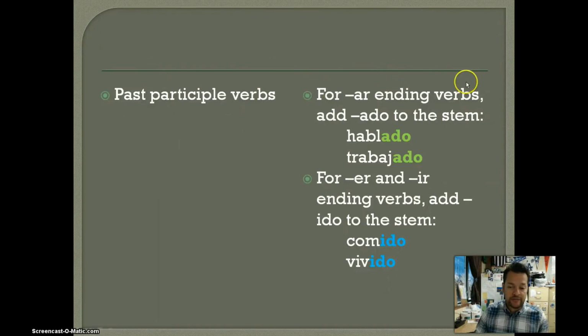For AR ending verbs, if you take a verb like hablar, you take out the AR and add ADO at the end: hablado, trabajado, manejado, caminado, etc. For ER and IR ending verbs, you take out the ER or IR and add IDO to the stem: comido, vivido, dormido.